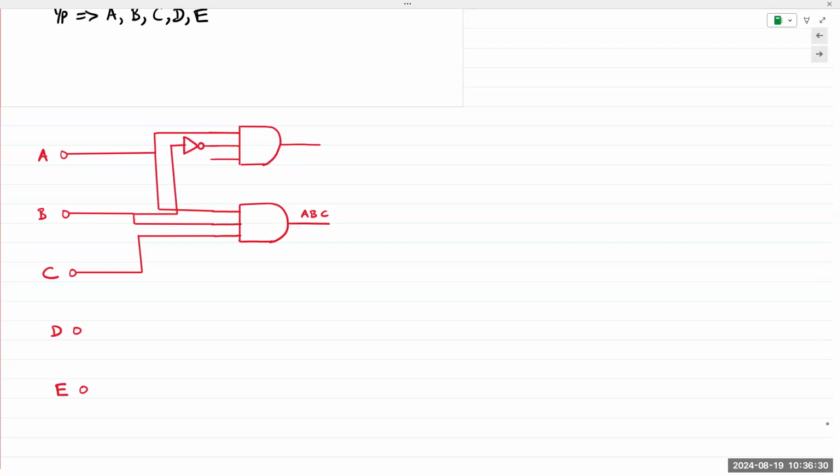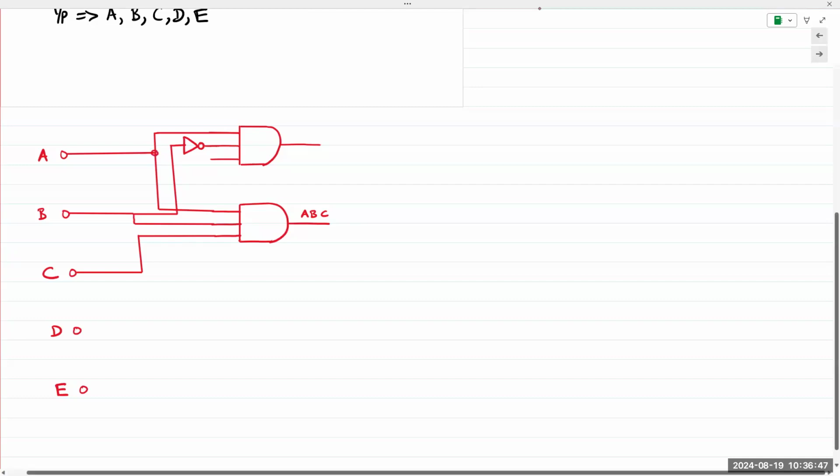So when we draw this kind of logic circuit diagram or logic design, anywhere we have a connection, we're going to mark with a shaded dot. If there is no shaded dot, that means there is no connection. Okay.